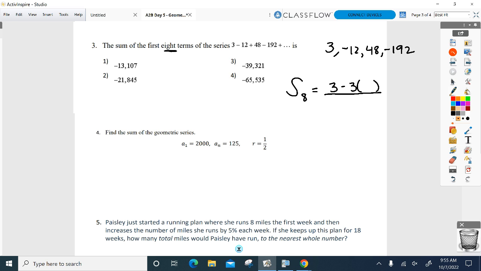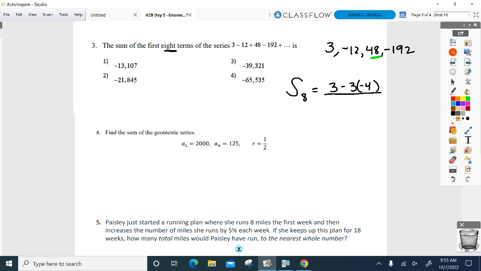Oh, that's negative 4. If some of you are having trouble, darn it, I gave you a trick yesterday. You take a term and divide by the previous term. If you're ever having trouble finding the R value, look at the sequence, pick any term and divide by the previous term. That'll get you the R value.